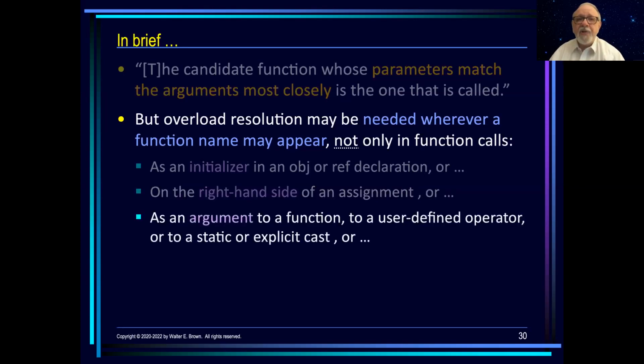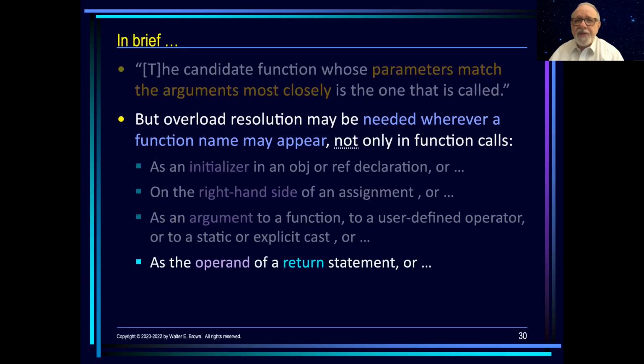It could be an argument to a function or to a user-defined operator or to an explicit cast or a static cast. It could appear as the operand of a return statement. It could appear as a non-type template argument. So in all of those cases, the compiler may need to perform overload resolution. Of course, at least in my experience, the overwhelming majority of the time, the reason for overload resolution is because we have a function call. But overload resolution happens for any and all of these other reasons too.